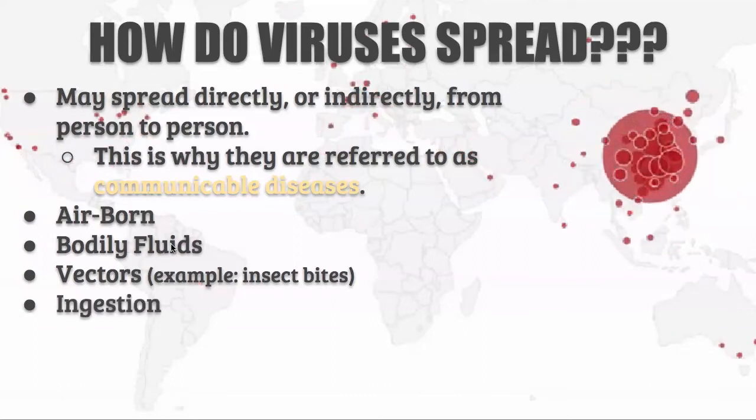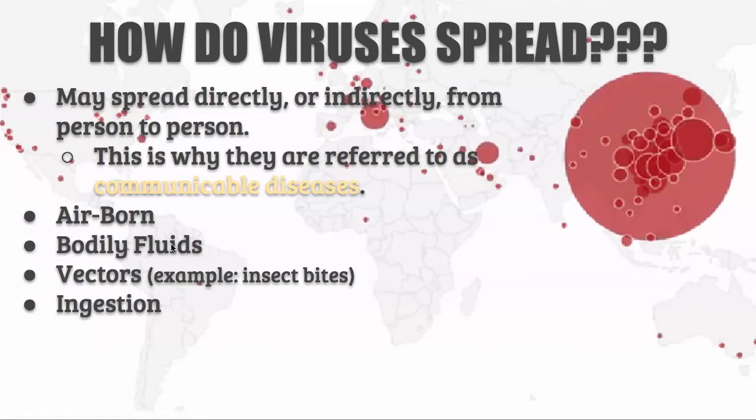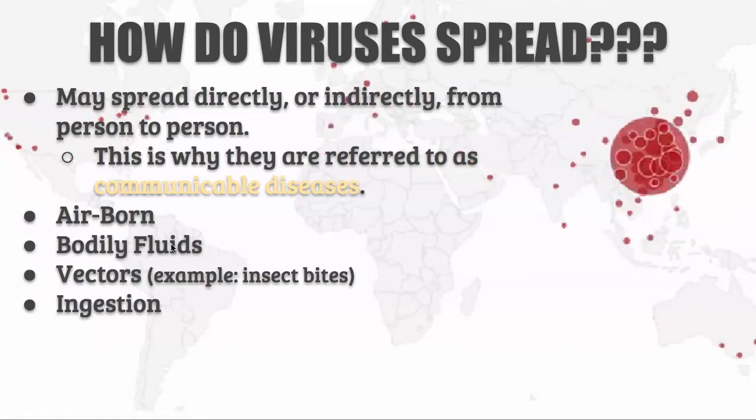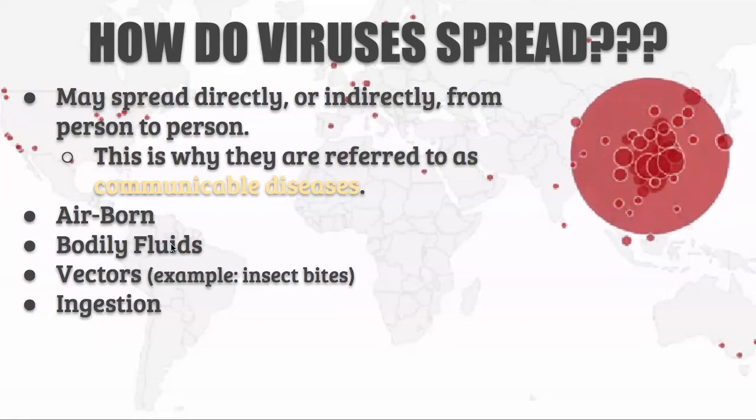Also, ingestion, like we saw with the AIDS virus, when people were eating chimpanzee meat. That was most likely the way that HIV got into the population, because of that mutated virus.